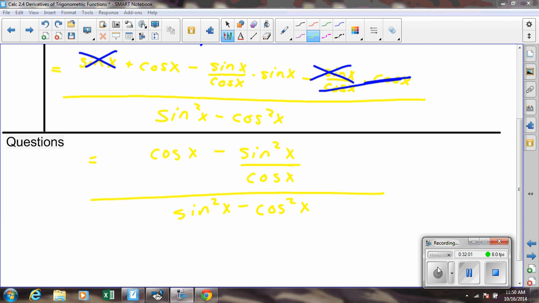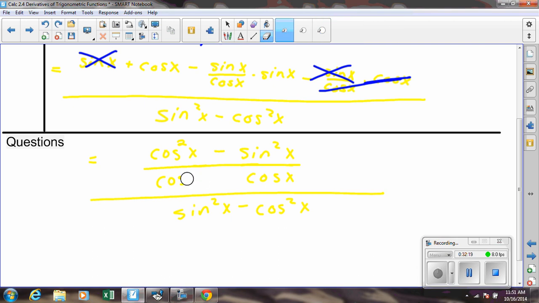Hang on a second. Now, in our numerator, we could note that we could get like terms by introducing another cosine, which then allows us to rewrite this whole piece in this format. And I want to center that. That'd be cosine of x. Why is this relevant?